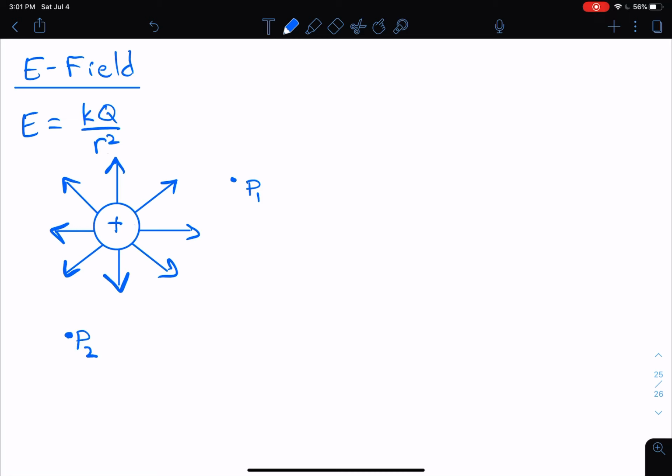If it's a negative charge distribution, so let's say I have a negative point charge, then they point directly in, like so.